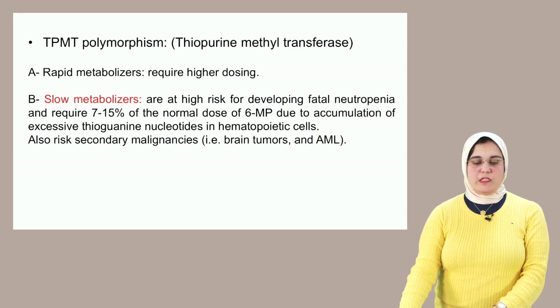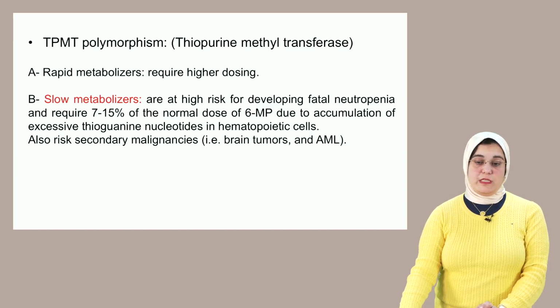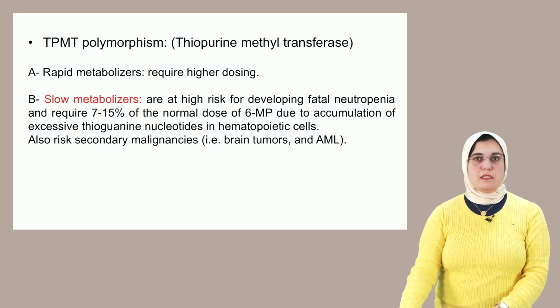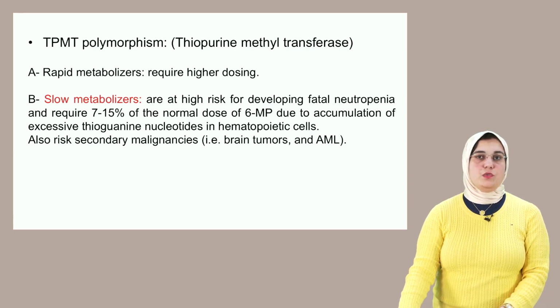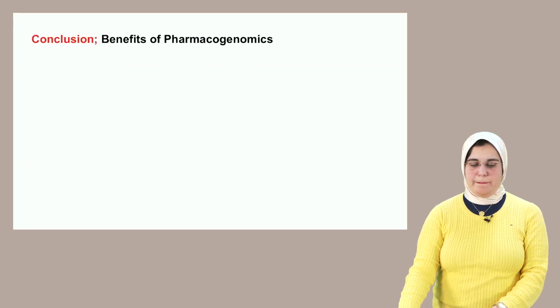This is due to accumulation of excessive thioguanine nucleotide in hematopoietic cells, meaning the cells making the new red blood cells. Also, the risk of secondary malignancies, meaning other kinds of malignancies, can occur due to the formation of a bad or toxic DNA.